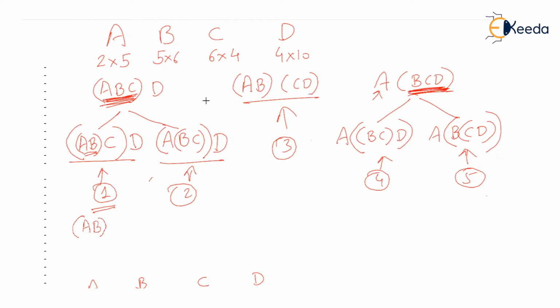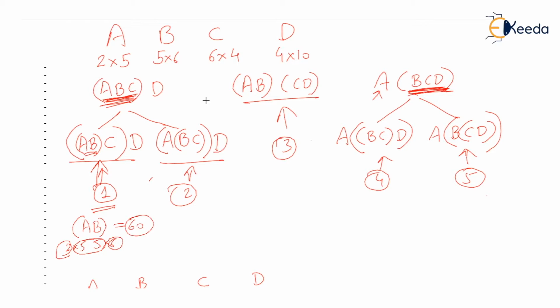Now, if you multiply A with B, A is having dimension 2 cross 5 and B is having dimension 5 cross 6. So the number of multiplications needed will be 2 multiplied by 5 multiplied by 6. In the earlier video, we saw this. So it will be 2 into 5 into 6, which is 10 into 6, which is 60. So 60 multiplications will be needed just to do A into B, isn't it?